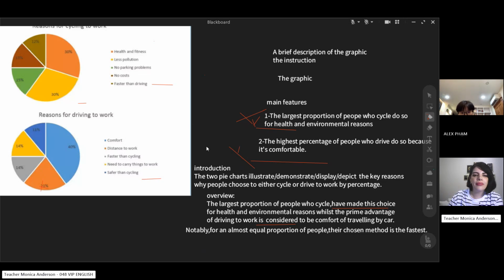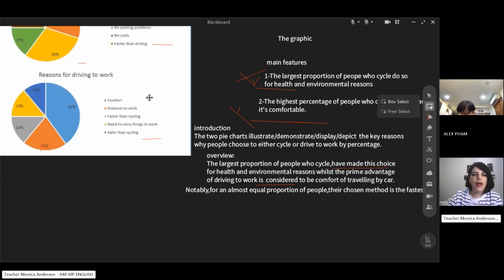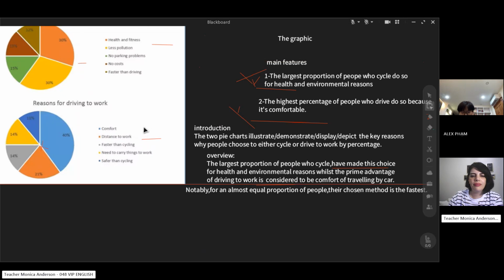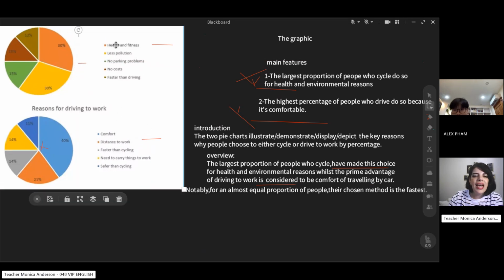Okay, how to begin my paragraph? So, health and fitness, less pollution. How much? Together, more than 50%, 30 and 30.